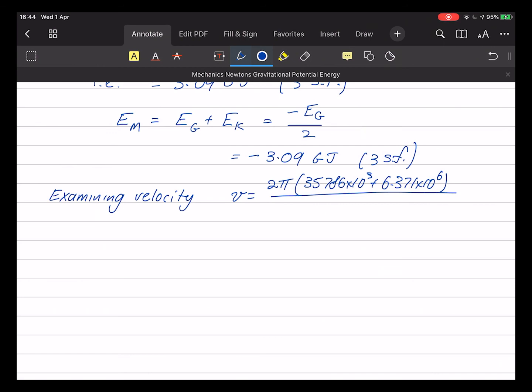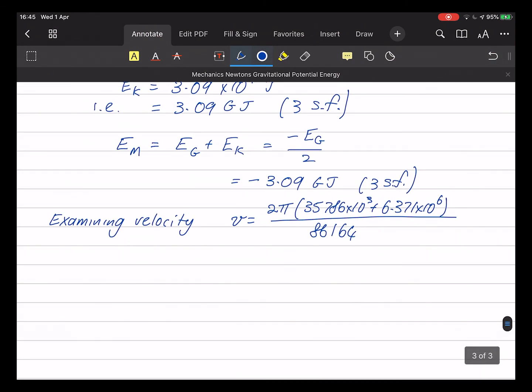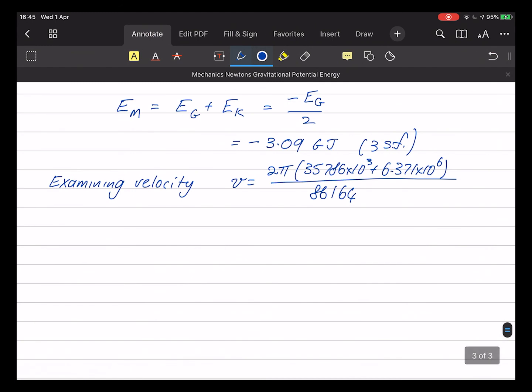this 86,164 seconds, our sidereal day, right? So the distance around the circle divided by how long it takes to get there. Looking up the earlier result, 3.07 by 10 to the 3 meters per second.